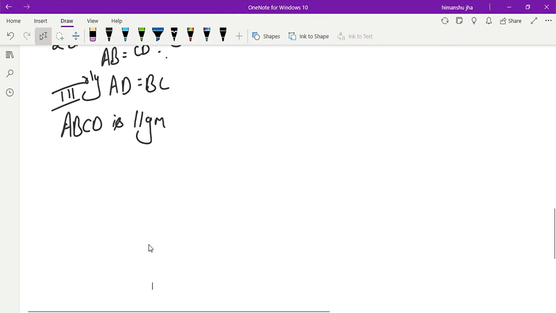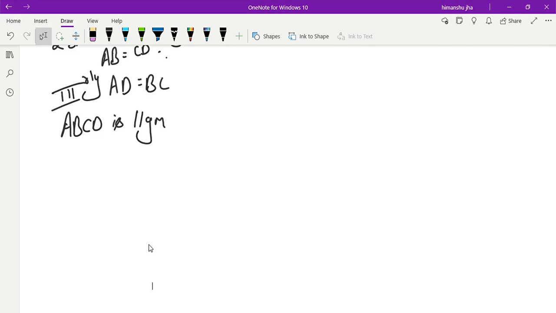If ABCD is a parallelogram, and it is a cyclic quadrilateral also, then the sum of opposite angles is 180 degrees, as well as opposite angles being equal to each other.